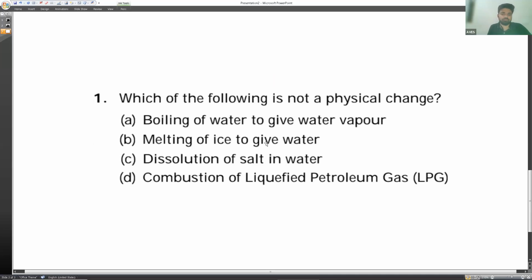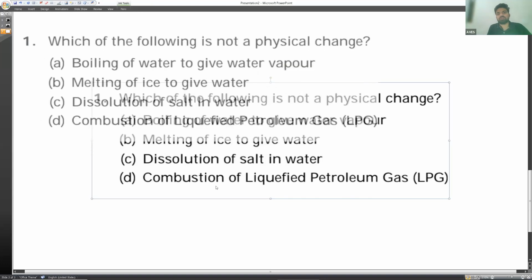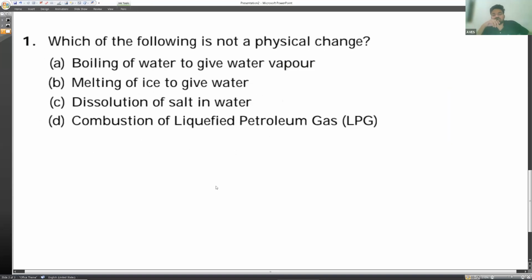Tell me which of the following is a physical change or not a physical change. Which of the following is not a physical change? Tell me fast.